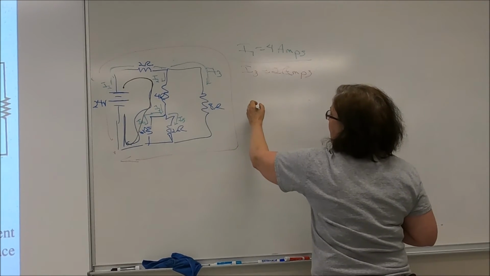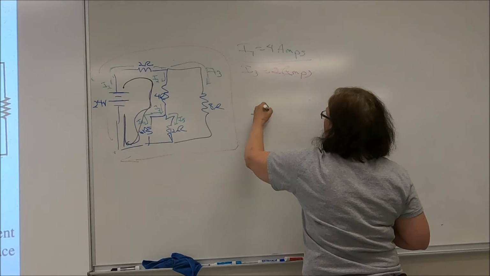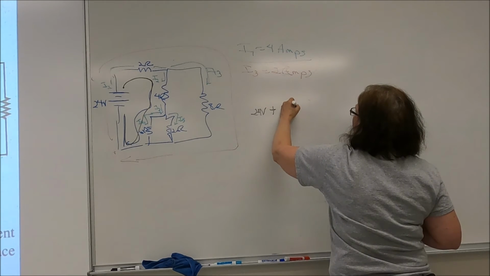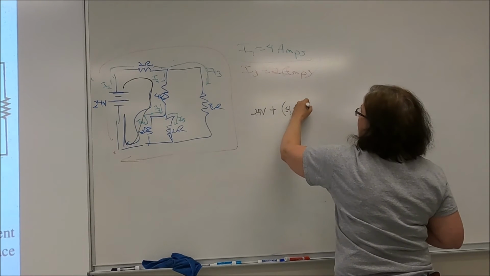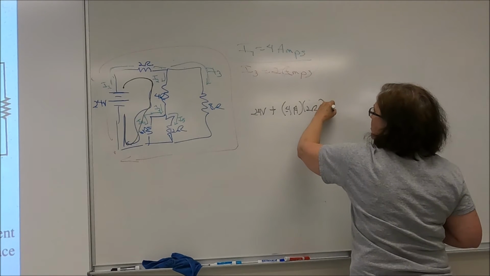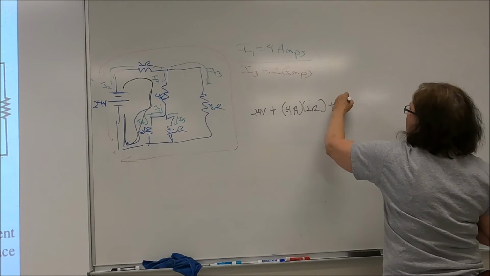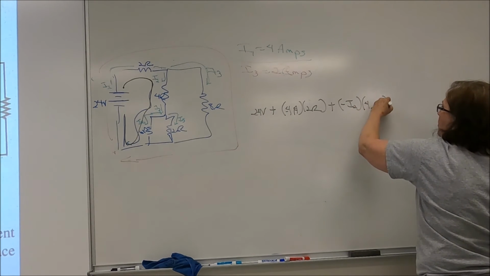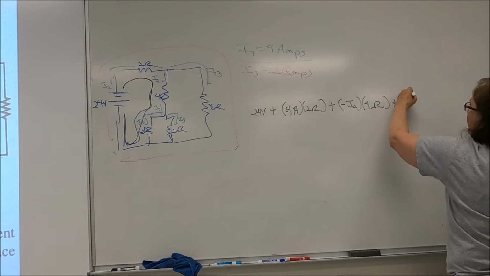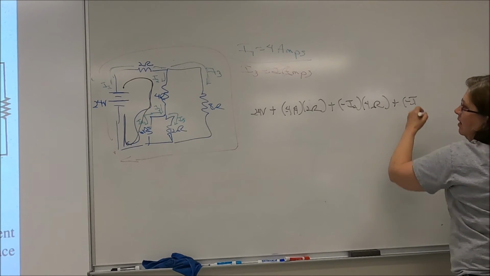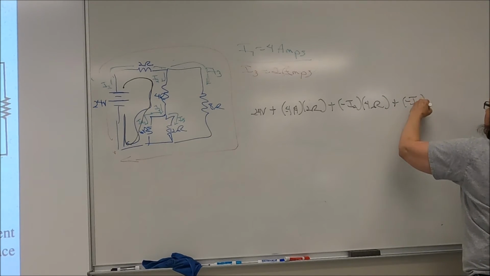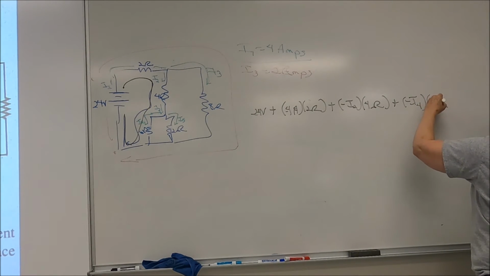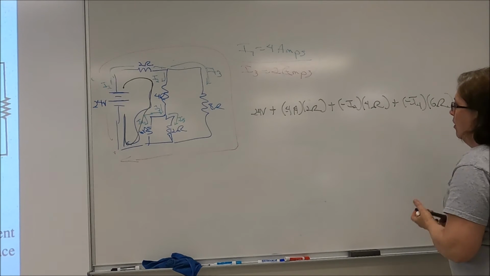Then I am going to have 24 volts plus a minus 4 amps times 2 ohms plus a minus I2 times 4 ohms plus a minus I4 times 6 ohms has to be 0.